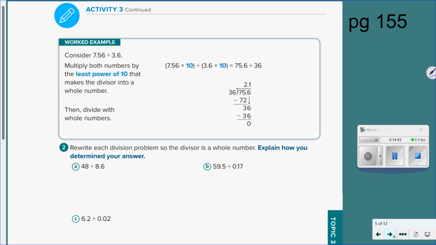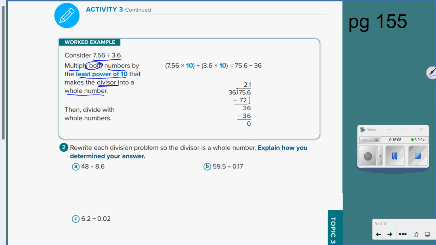So let's look at a number like this. We're now on page 155. If I have 7 5600ths divided by 3 6/10, I need to multiply both numbers by the least power of 10 that makes the divisor into a whole number, and that's our focus. I want to worry about the divisor.